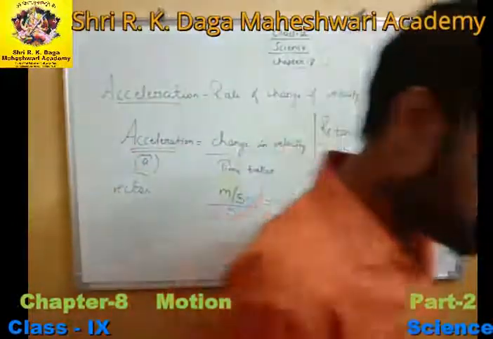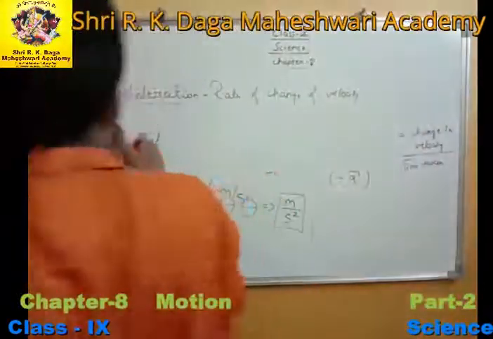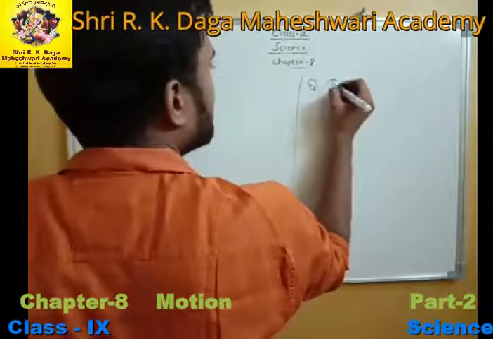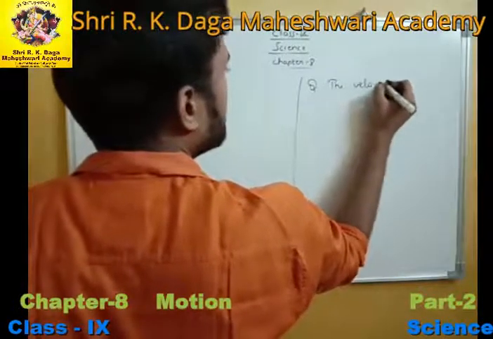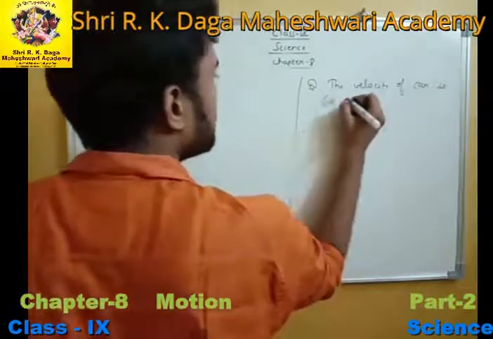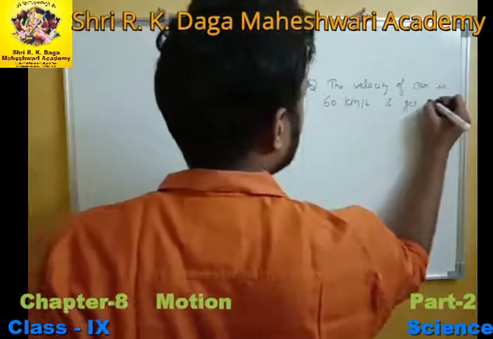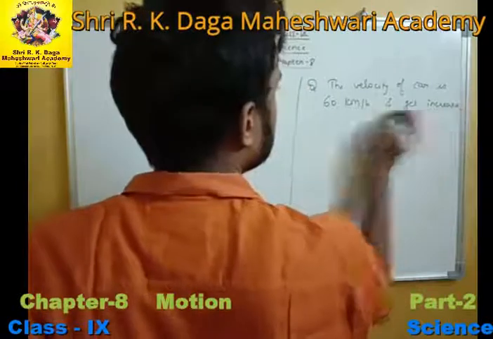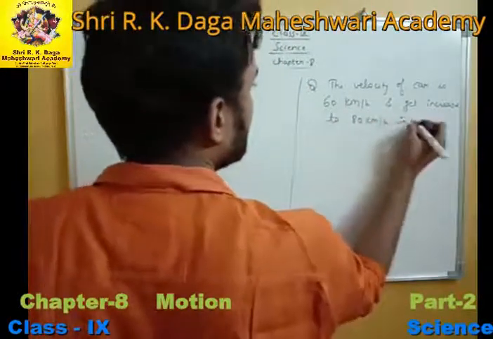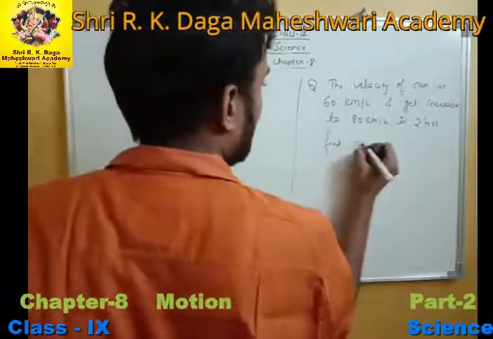Now we will practice one numerical based on acceleration also. Okay, let the question state that the velocity of a car is 60 km per hour and gets increased to 80 km per hour in 2 hours, then find the acceleration.